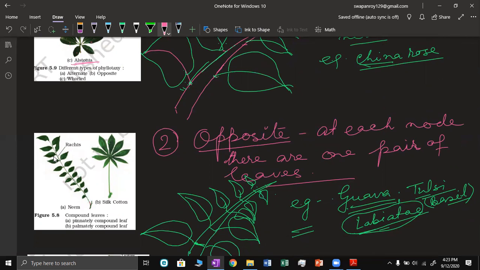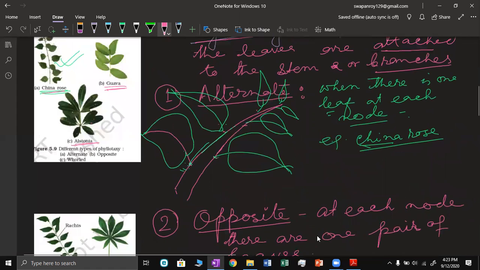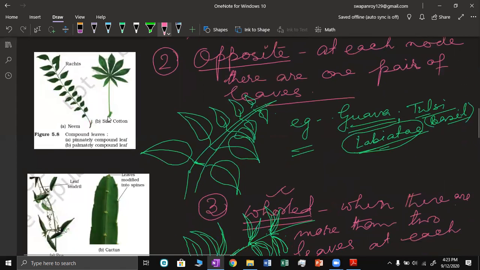This one is the midrib, the main vein, and here this one is the petiole.